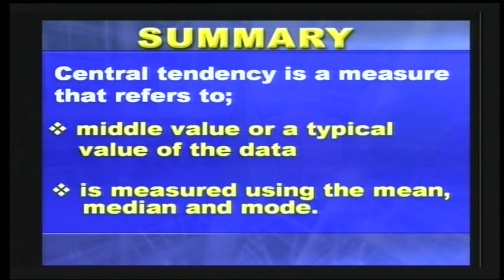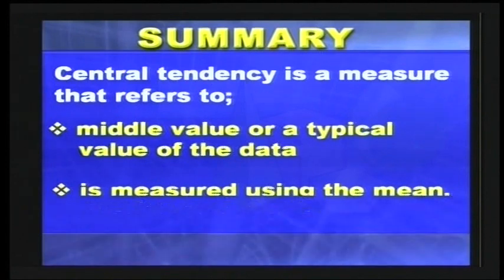If you know how to find all these, then there wouldn't be any problem when you want to measure mean, mode, and median. All right, that brings us to the end of our lesson, 70s and receiving students.